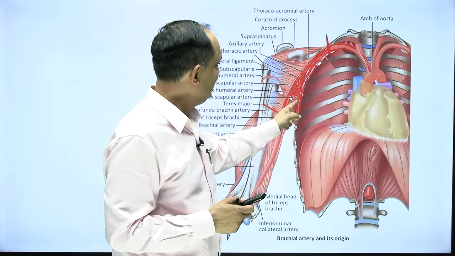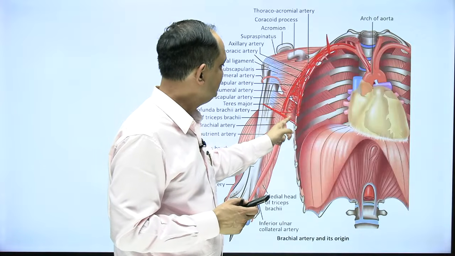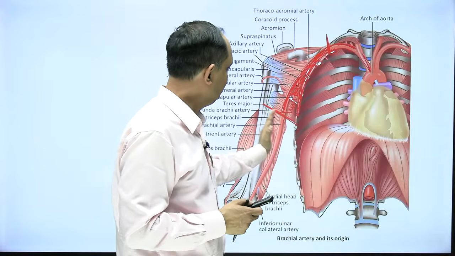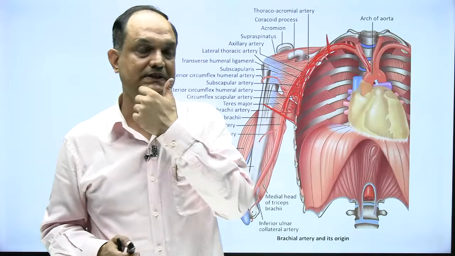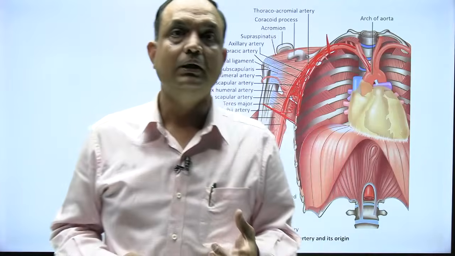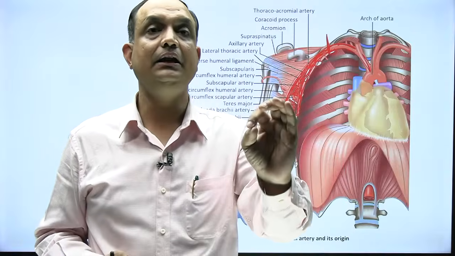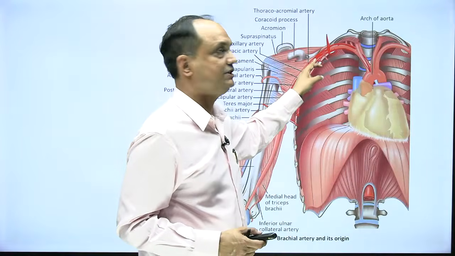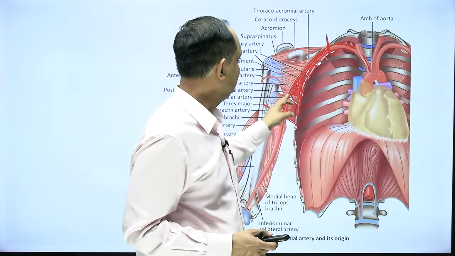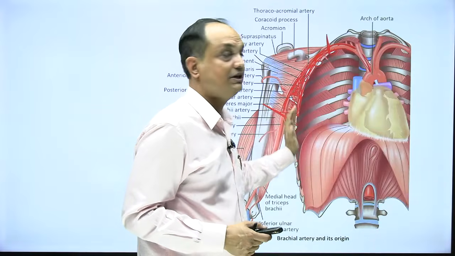So you will find that now there is a gap, and slowly this will become part of the upper limb. So whenever you are reading the relations in the book, you will find that the relations of the axillary artery in the first part are with the chest wall, but in the second and third part it is no more related with the chest wall.